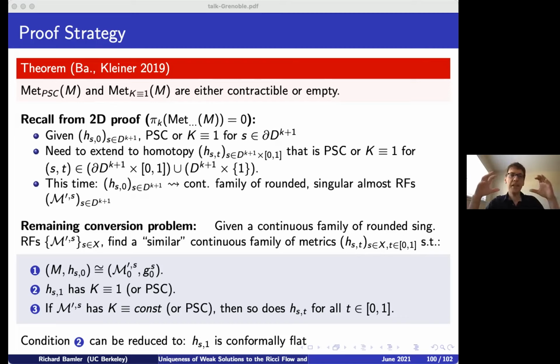Well, if our metric is locally conformally flat, then it's conformally equivalent to a constant curvature metric. And so if we're given a continuous family of metrics that are conformally equivalent to a constant curvature metric, there's an easy way of deforming these metrics just by changing the conformal factor.